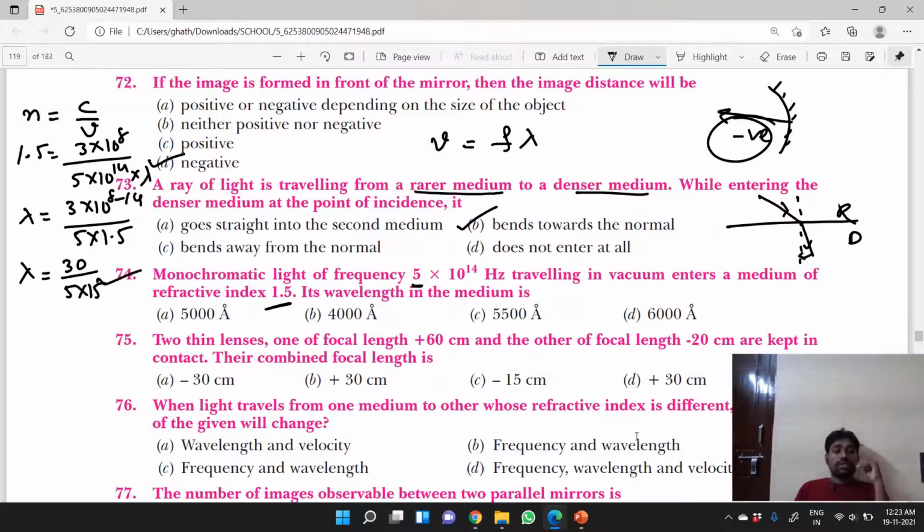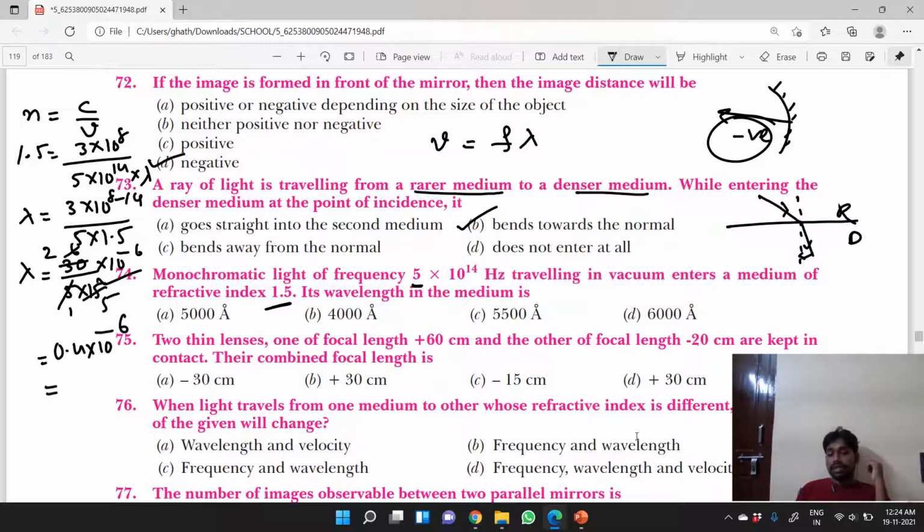This is 10 power minus 6. 5 sixes, 5 ones, 3 twos, 3 fives. 0.4 into 10 to the power of minus 6.